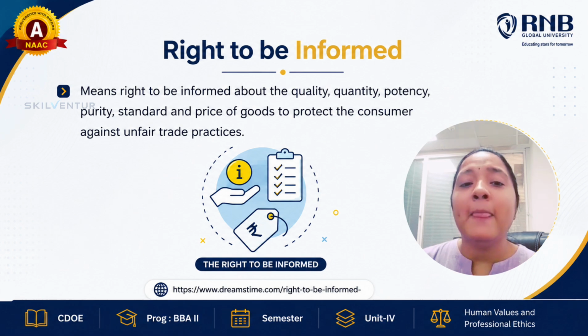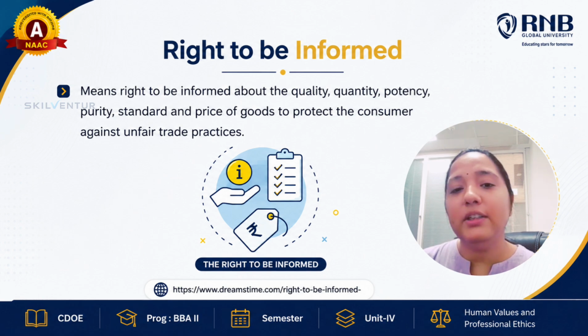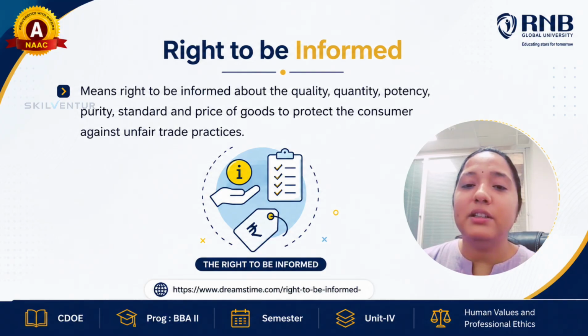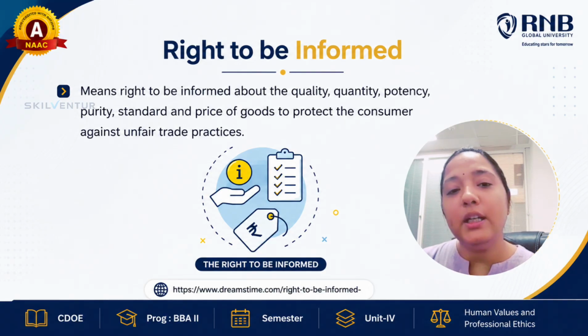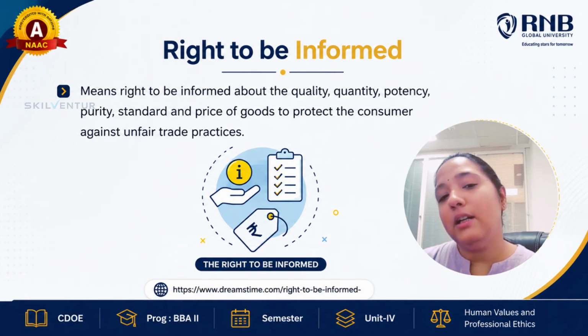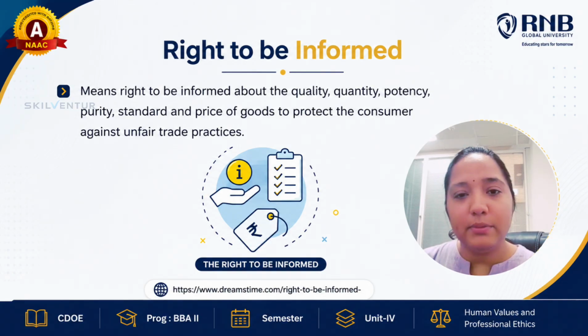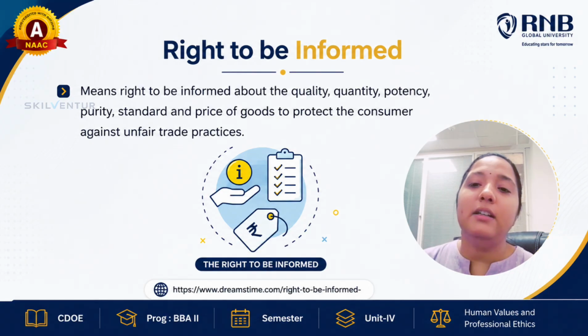This right protects consumers from unfair trade practices like misleading advertisements, any kind of hidden charges or false claims made by the sellers. When consumers are fully informed, they can make better and more rational decisions. For example, while buying a food product, we should check the ingredients, manufacturing date, expiry date and price.